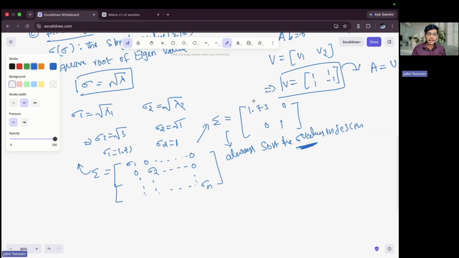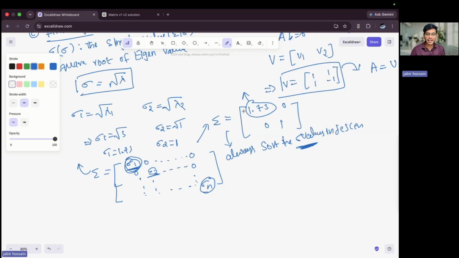Similarly, always build the matrix in such a way that sigma 1 is the highest and sigma 2 is the second highest, because it represents the useful pattern that you need, and this represents the least useful information, and this represents the highest order of information. So the singular value represents the patterns and the association of the patterns that you get, like the relation between movies and users, and how important that relation is. The higher the value of sigma, the higher the importance of that relation to you.